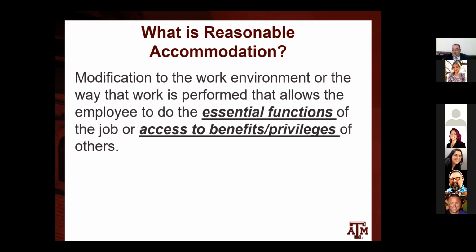Or access or benefits of the job would be a situation where someone says, well, I can do the job, but I have difficulty getting to the office space to do it. I'm in a wheelchair, and the office is on the second floor. There's no elevator or ramp to allow me to get into the building.